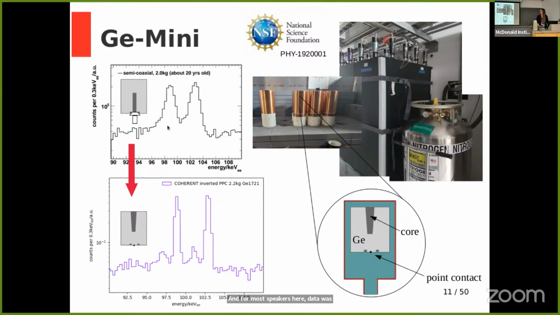Here you can see X-rays that come out of the source around 100 keV. This detector is from 2006, and you can see that it's possible to resolve these two peaks. However, now using the inverse coax design, you're actually able to resolve tiny X-rays in between, which shows how much this energy resolution has been improved, while the crystal mass is pretty similar.